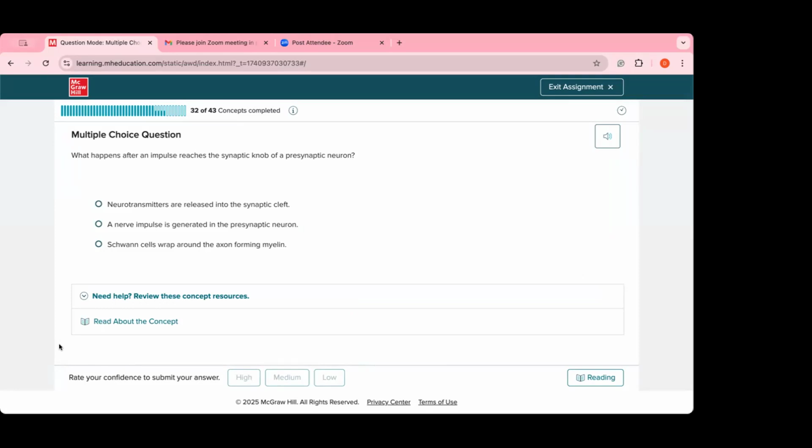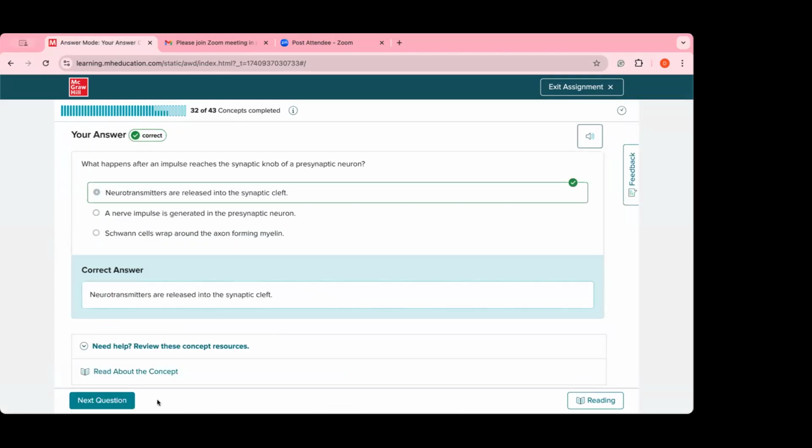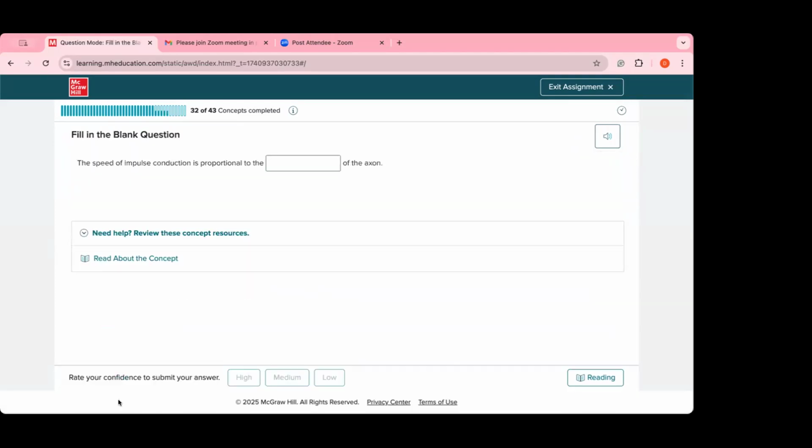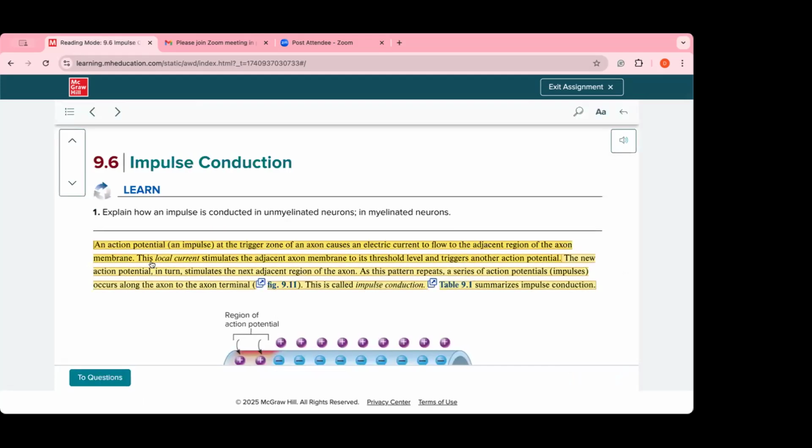So neurotransmitters are released into the synaptic cleft, I would say, from what we saw there. The speed of impulse conduction is proportional to the diameter, I think, but let's read it and make sure.